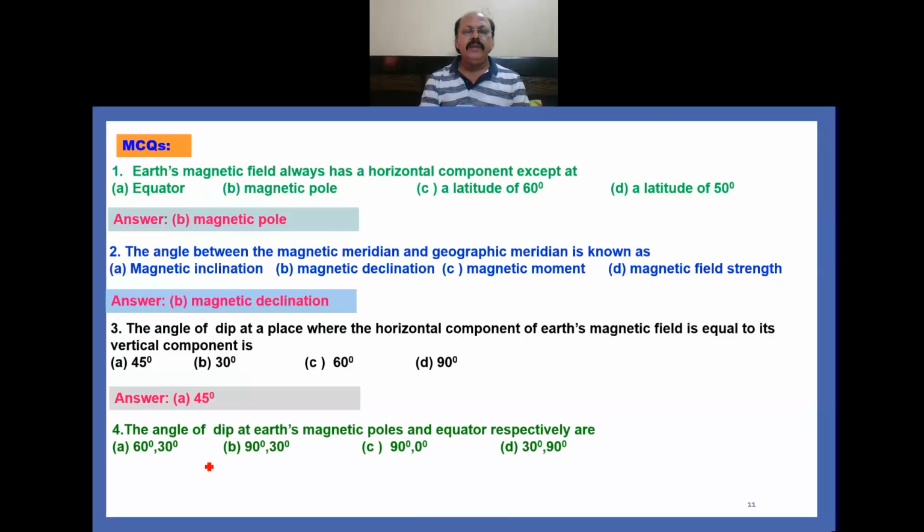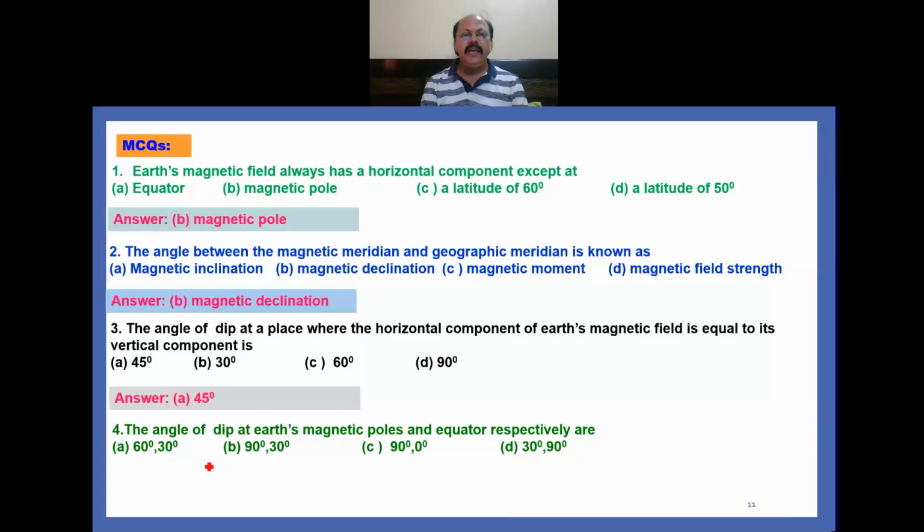Now the fourth question: the angle of dip at Earth's magnetic poles and the equator respectively are. Whatever you learned about the angle of dip, apply that concept here and find out which option is correct.